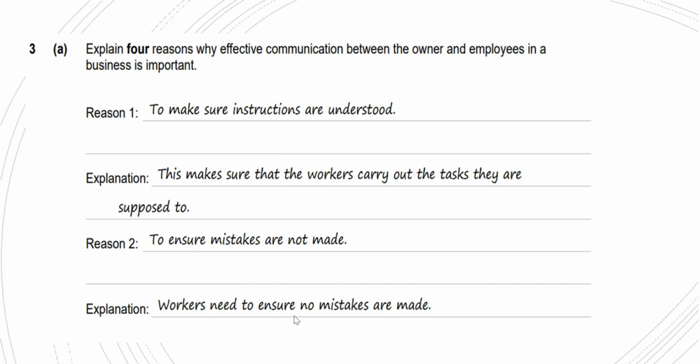So if you also say to ensure that errors are not made, that's still the same thing. You have to explain that if errors are not made, it would lead to efficiency of the business, that would mean less wastage of resources, fewer corrections to be made to the products at hand, or the services being provided, whichever applies to your situation.